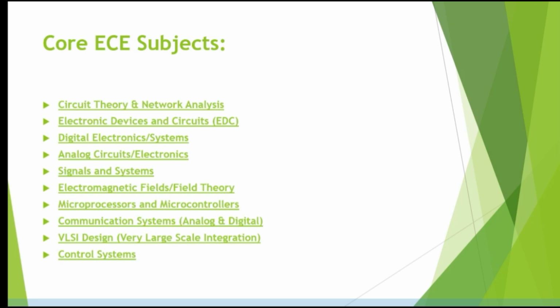So you need to concentrate on all these subjects when you want to enter into your core domain, because these are all the subjects that will be related to you in one way or other during your industry work or during your internship. When you want to enter into core, you obviously should be concentrating on all these subjects.